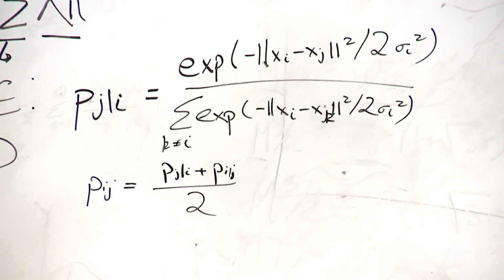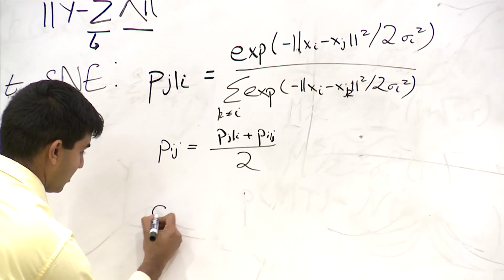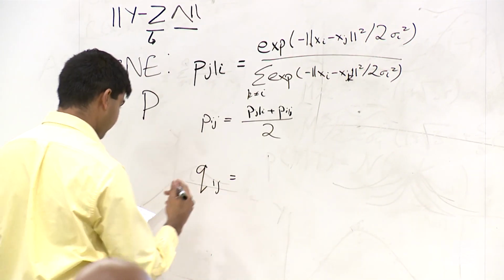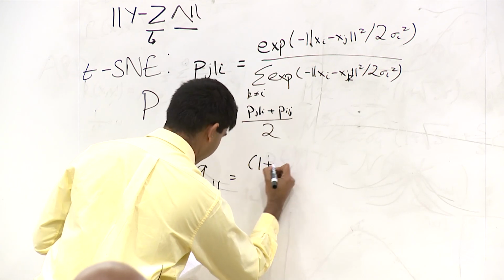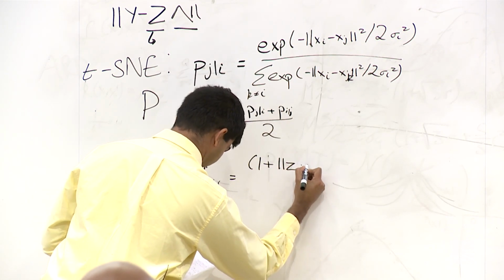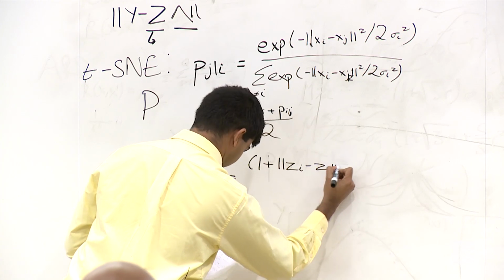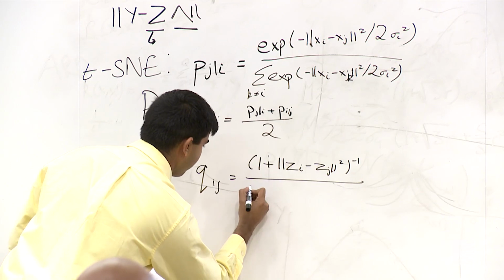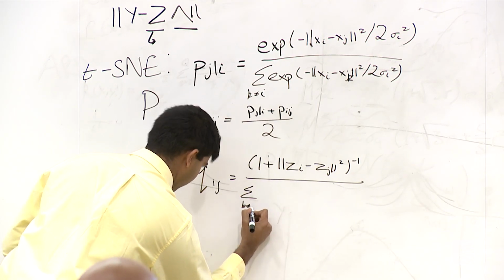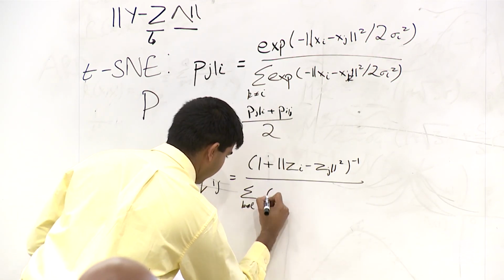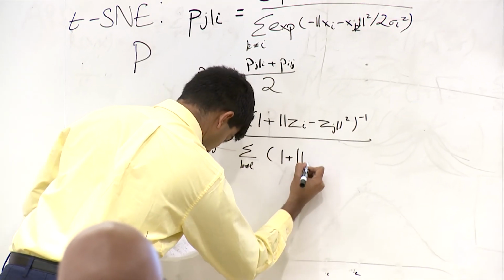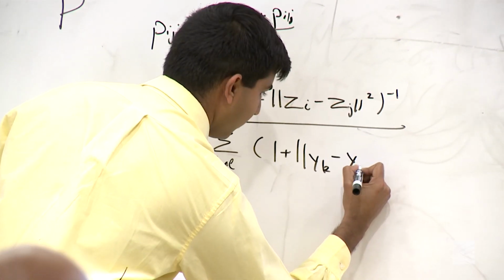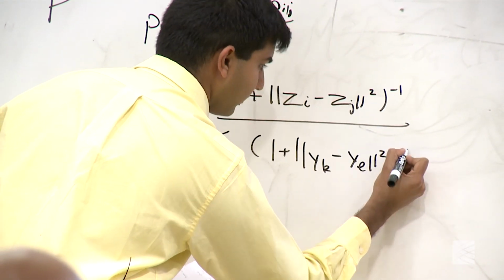Then, from our lower dimensional embedding, from Z, we use a different distance metric. Right?